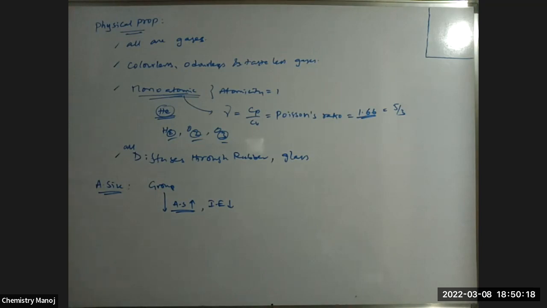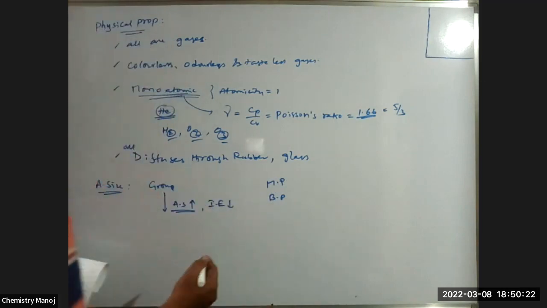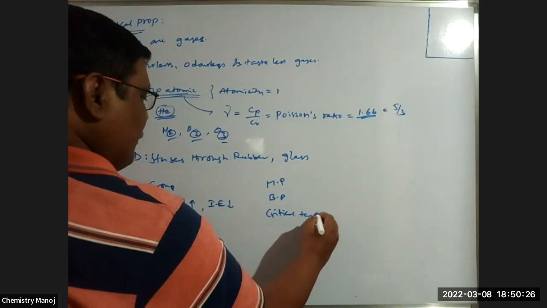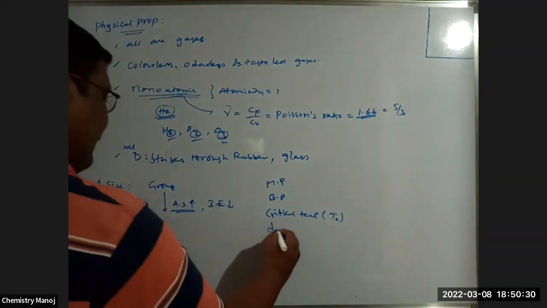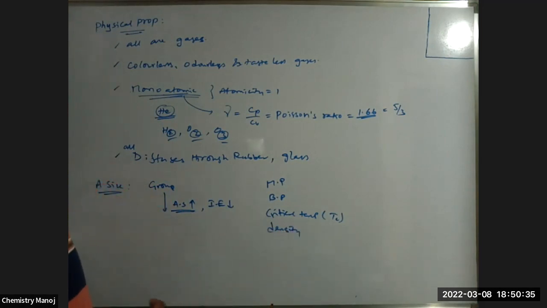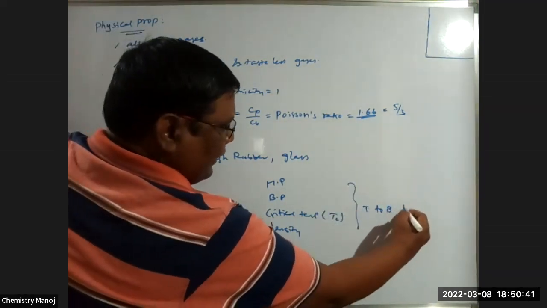Next, melting point, boiling point, and critical temperature, which is generally taken as TC, and density: all these increase from top to bottom.